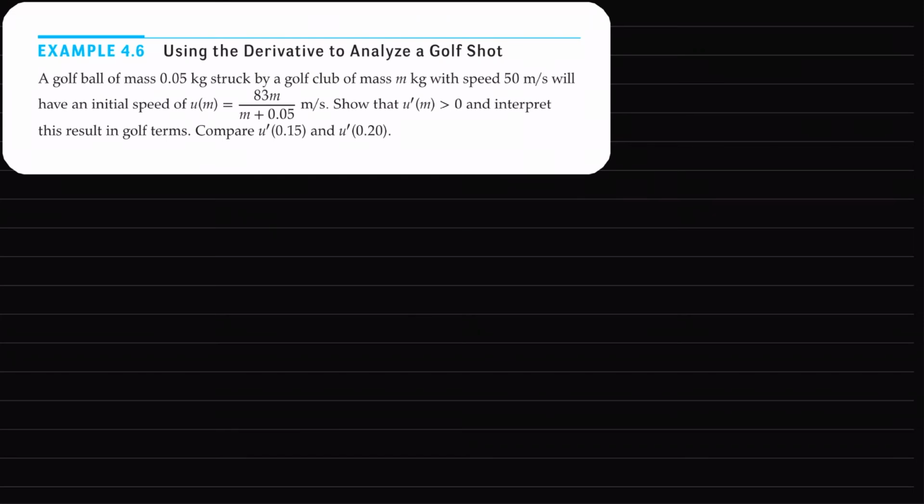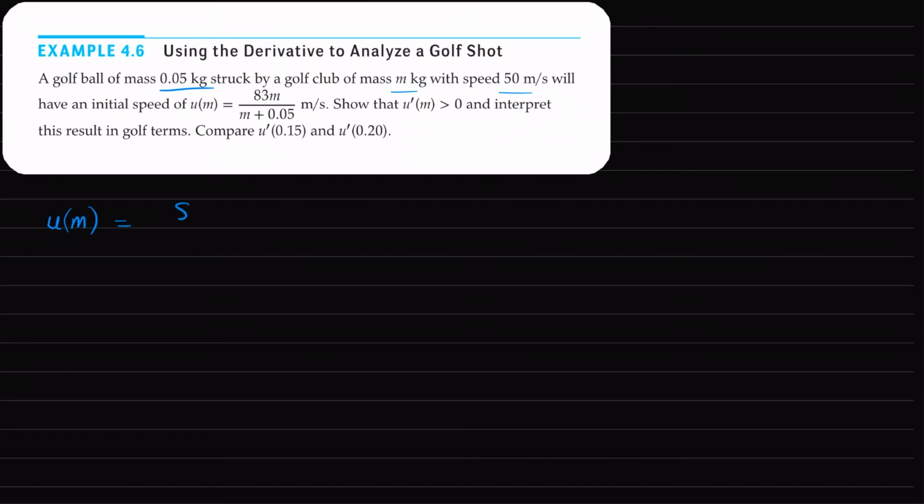We have a ball of mass 0.05 kilogram struck by a golf club of mass m kilogram with the speed 50, which gives an initial speed u of m. Let's write it.